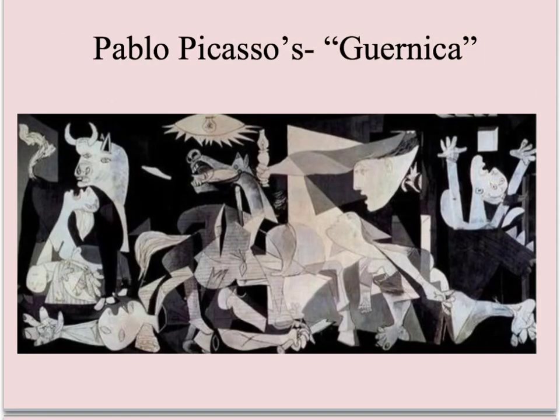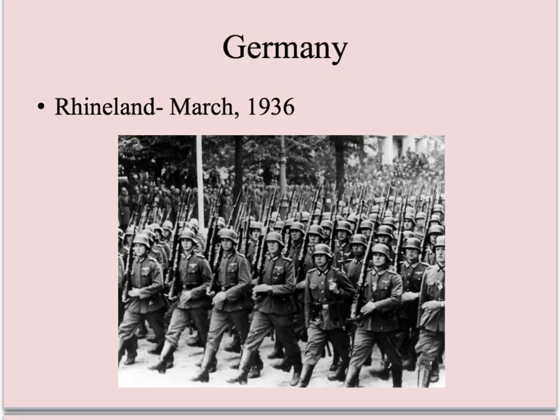A famous painting that came out because of the Spanish Civil War is Guernica by Pablo Picasso, which is meant to show the mayhem and destruction and death that war does cause. And as we see different hot spots around the world really starting to flare up, it all gets taken to a new level as Hitler starts to rearm the Rhineland.